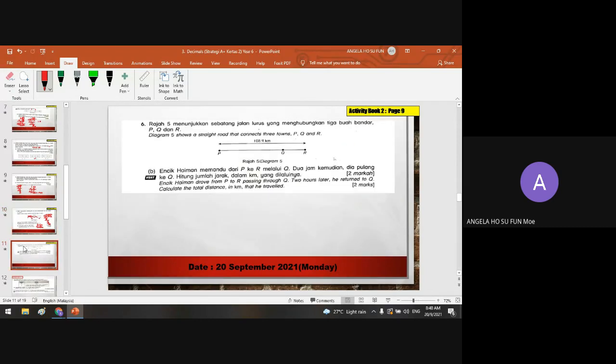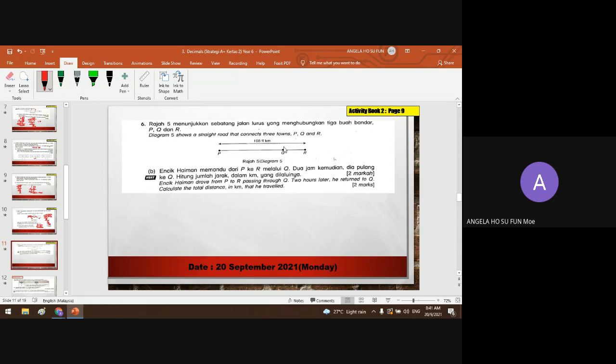How about B? Question number 6 needs a little bit of calculation. Look here. Encik Haiman drove from P to R. Your eyes need to focus on where he goes.